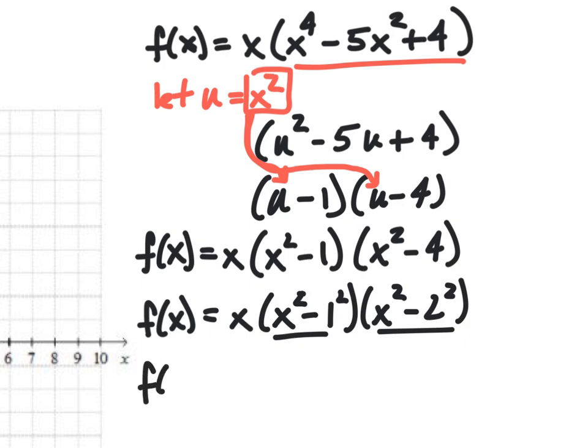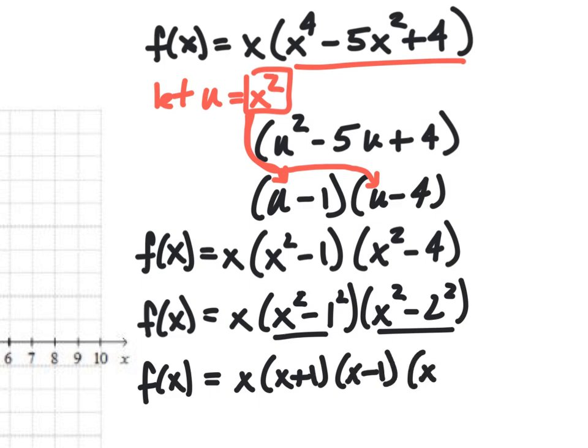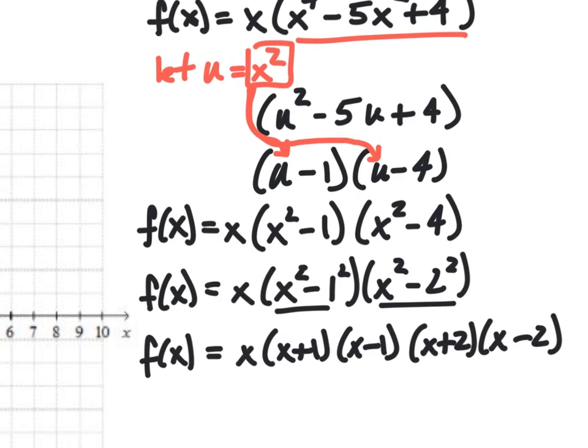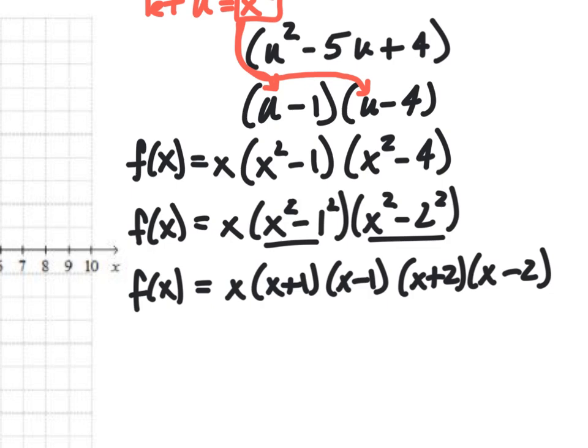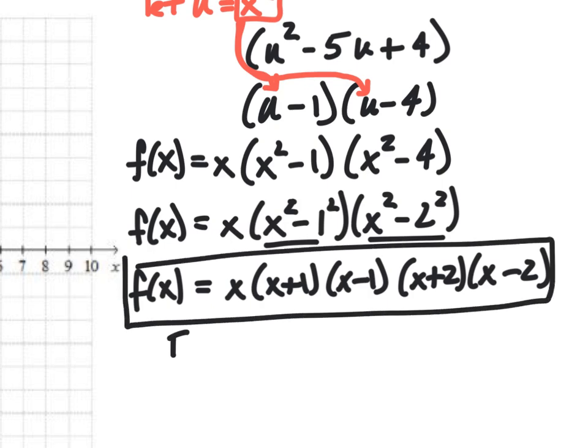Then I get f of x is equal to x times x plus 1 times x minus 1, and then x plus 2 times x minus 2. Okay? Now this is factored completely.